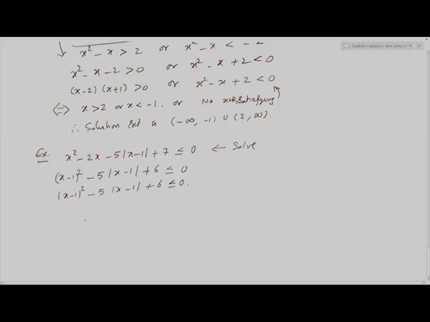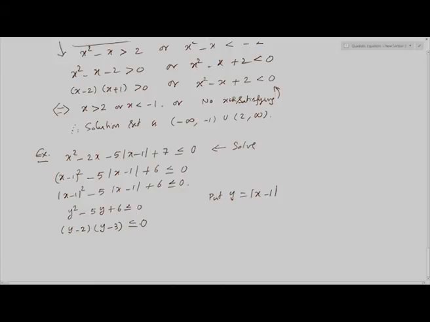Now I can do the easy substitution so that it is converted into a real quadratic inequality. Put y equal to modulus of x minus 1. The given inequality becomes y square minus 5y plus 6 less than or equal to 0. This is a very simple quadratic expression, and I can factorize it: y minus 2 times y minus 3 less than or equal to 0.